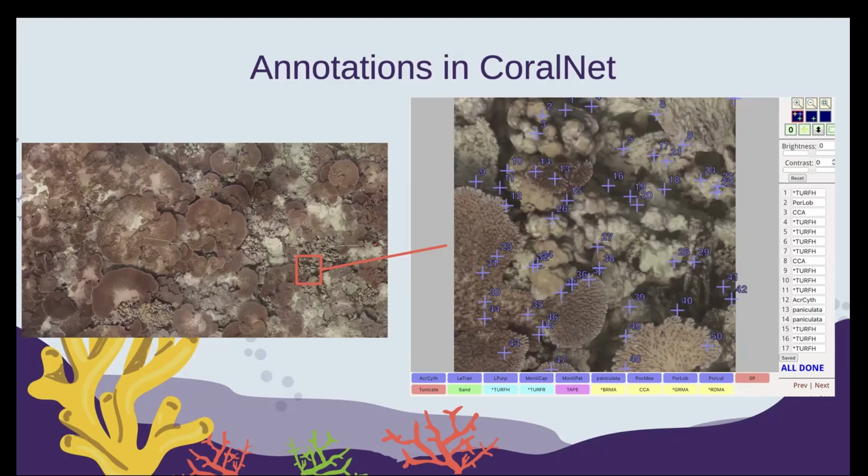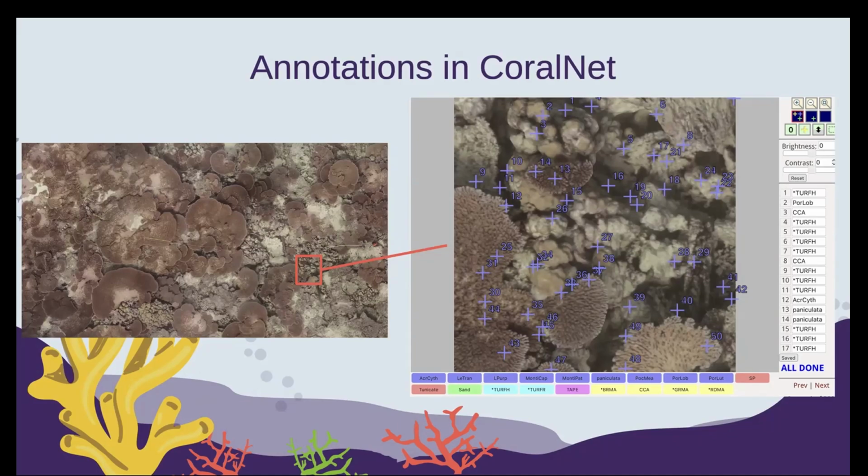And each blue point represents a randomized point to classify. So for each of those points, we identify what's directly beneath it. That can range from live coral, algae, sand, crustose coralline algae or CCA, turf algae, or something else.